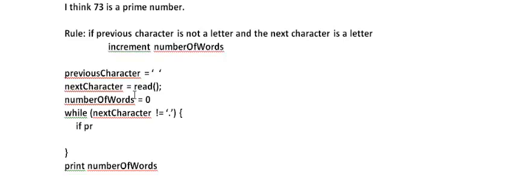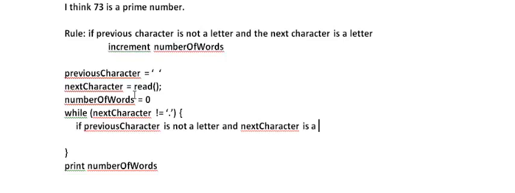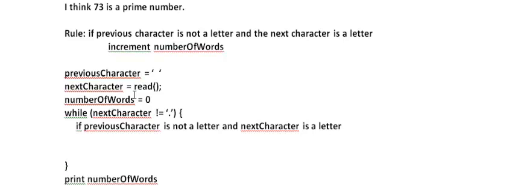If previous character is not a letter, and next character is a letter, number of words equals number of words plus 1.